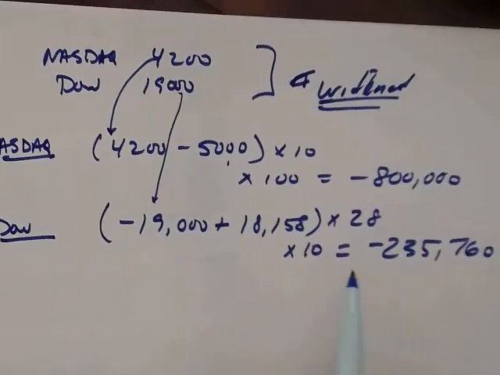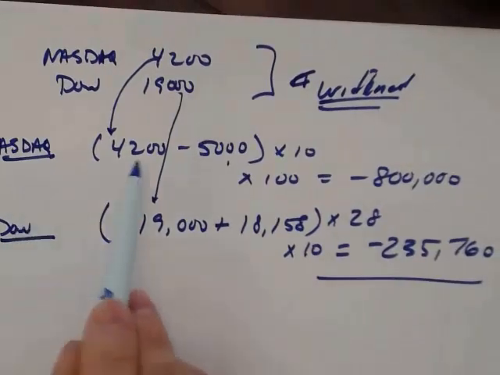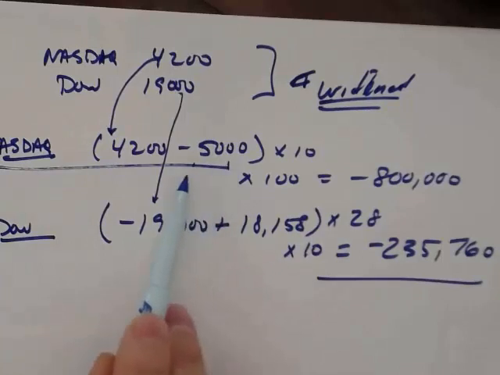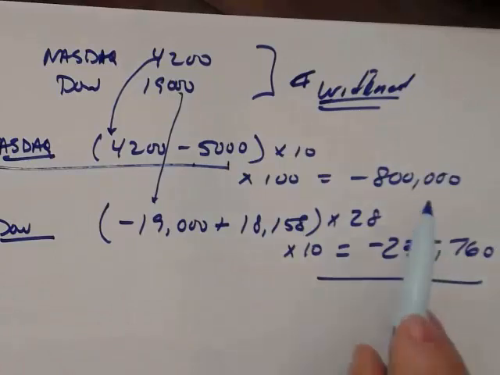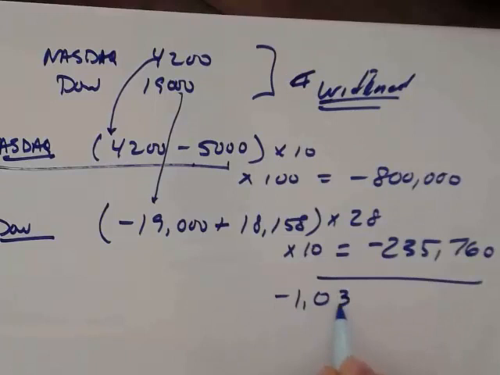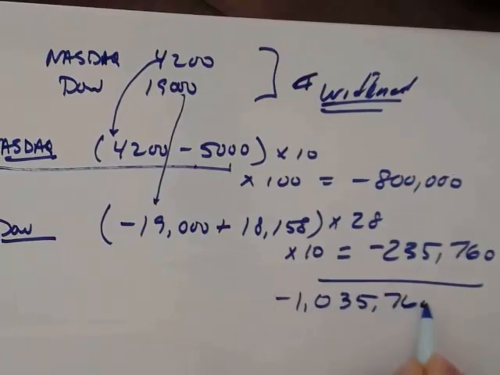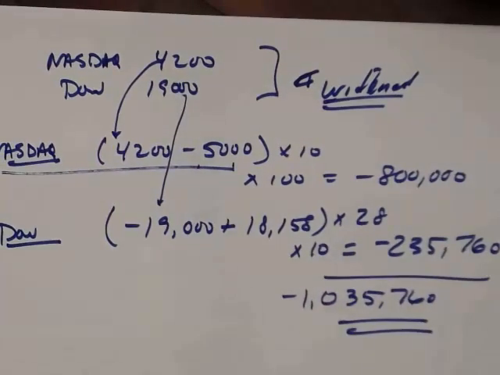And that's exactly what's happening here. We thought the NASDAQ would go up, it went down. We thought the Dow would go down or stay the same, and it went up. Ouch, ouch. And the double ouch is a 1,035,760 loss. And that's what happens with speculative hedging.